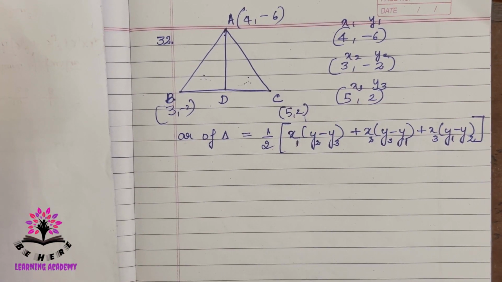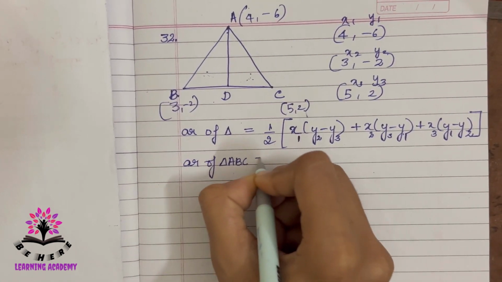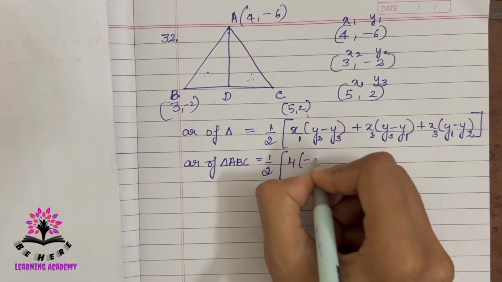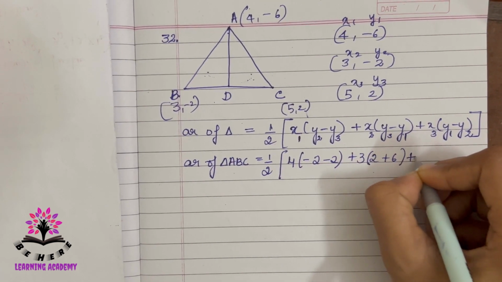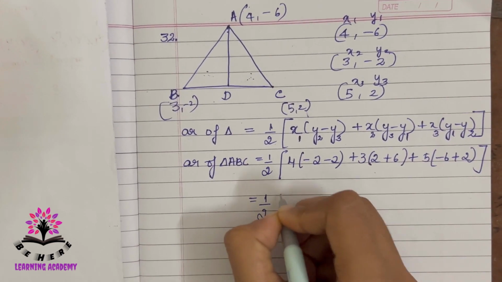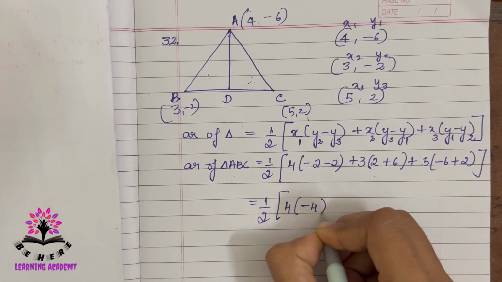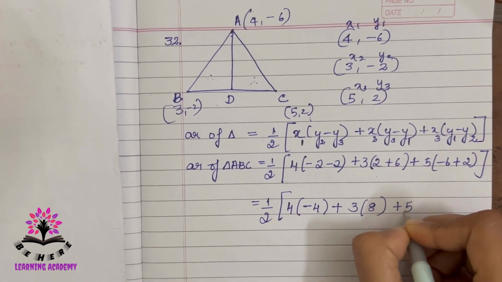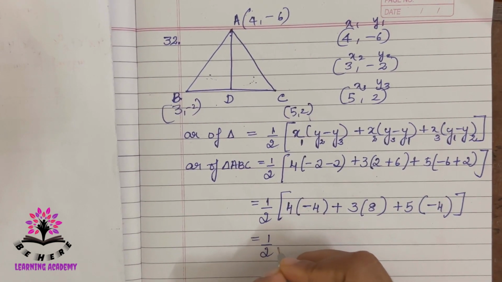Now let us solve this one. So area of triangle ABC will be equal to half, it is 4 into (minus 2 minus 2) plus 3 into (2 plus 6) plus 5 into (minus 6 plus 2). Solve this further. Half, 4 minus 2 becomes minus 4, 4 into minus 4, plus 3 into 8, plus 5 into minus 4, that will be equal to half.